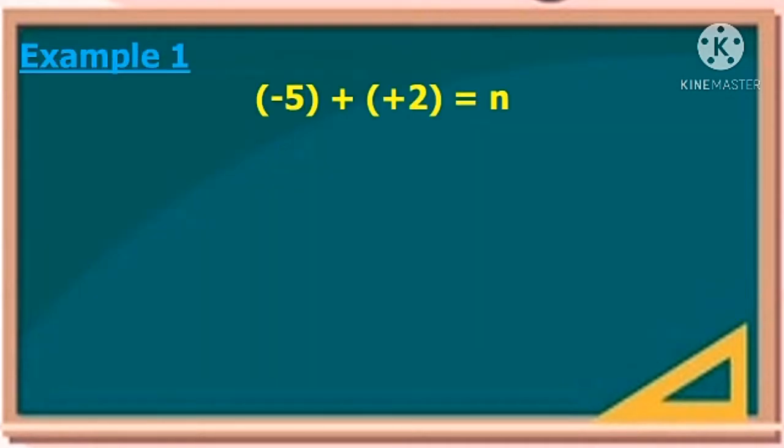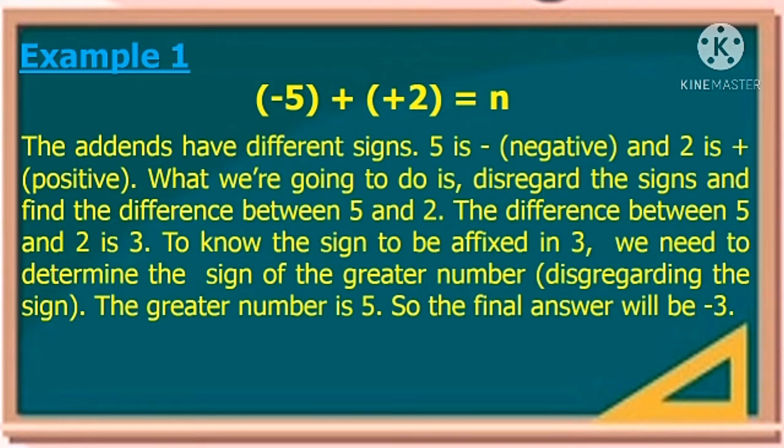For example, negative 5 plus positive 2 equals n. The addends have different signs. 5 is negative and 2 is positive. What we're going to do is disregard the signs and find the difference between 5 and 2.